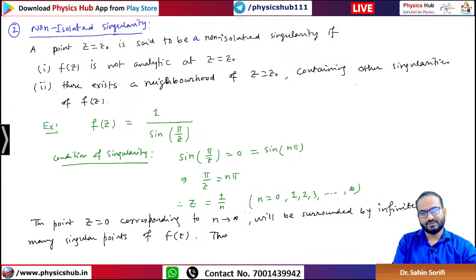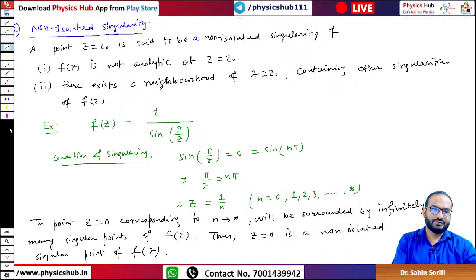Thus z equals to 0 is a non-isolated singular point of f of z.